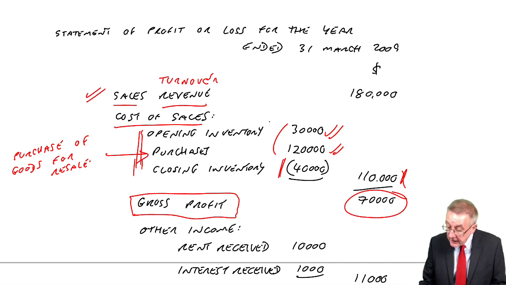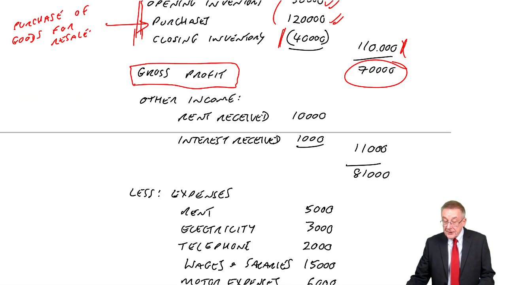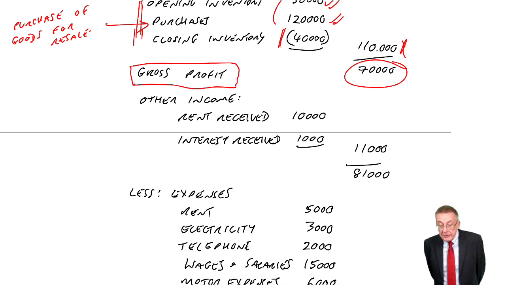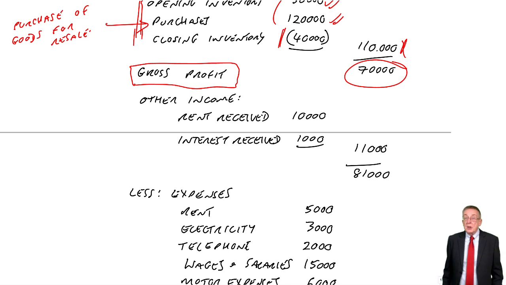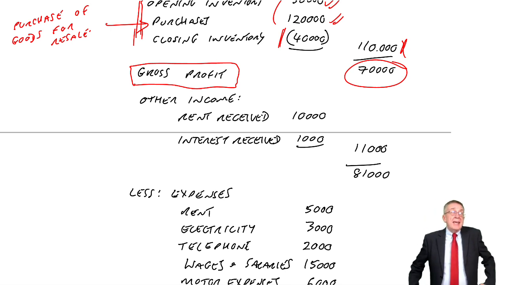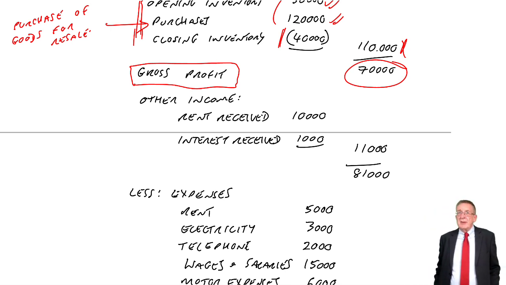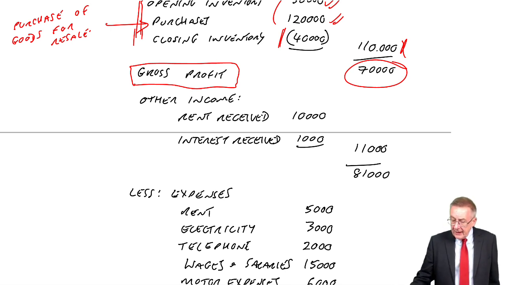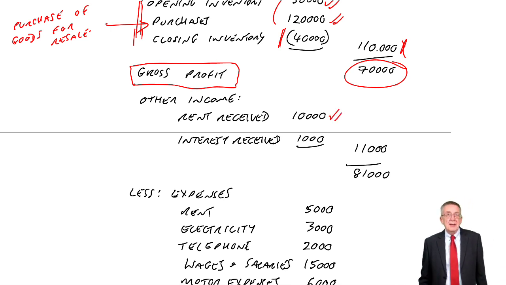However, there's our gross profit. It's not our final profit though, for two reasons. One, which isn't very common in exams, is that you could have received income from other things. My main business is buying and selling DVDs, but maybe I have a shop and I don't use all of it, so I rent a bit of it out. And so I receive a bit of income from renting out part of my building.